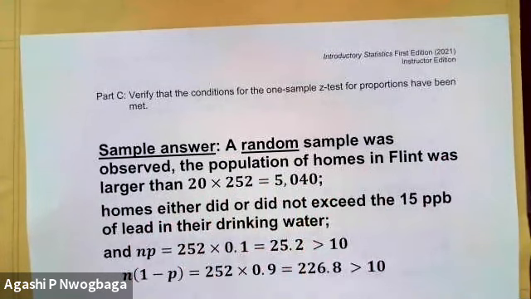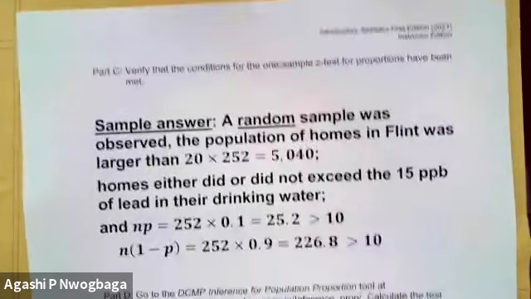And most importantly, np, which is 252 times 0.1, is 25.2, greater than 10. n times 1 minus p, which is 252 times 0.9, gives us 226.8, which is also greater than 10. So both of them are greater than 10, and the conditions are satisfied.